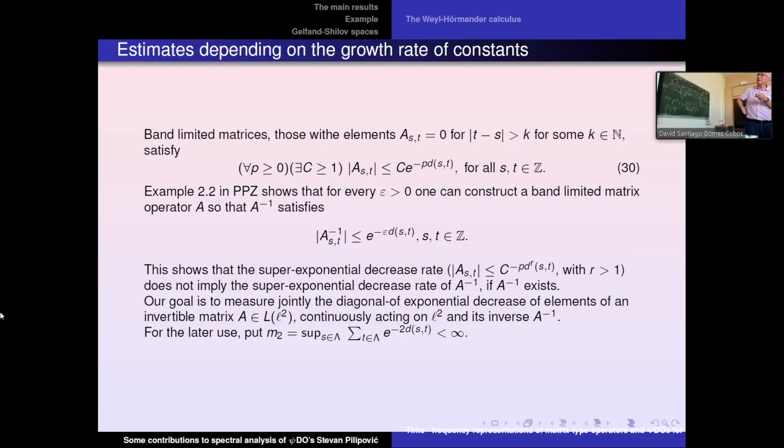This is the repeated band limited case, and this is what I already told, that actually you cannot get this without an additional assumption on C. You can get just epsilon, and you cannot control this epsilon for the inverse matrix.